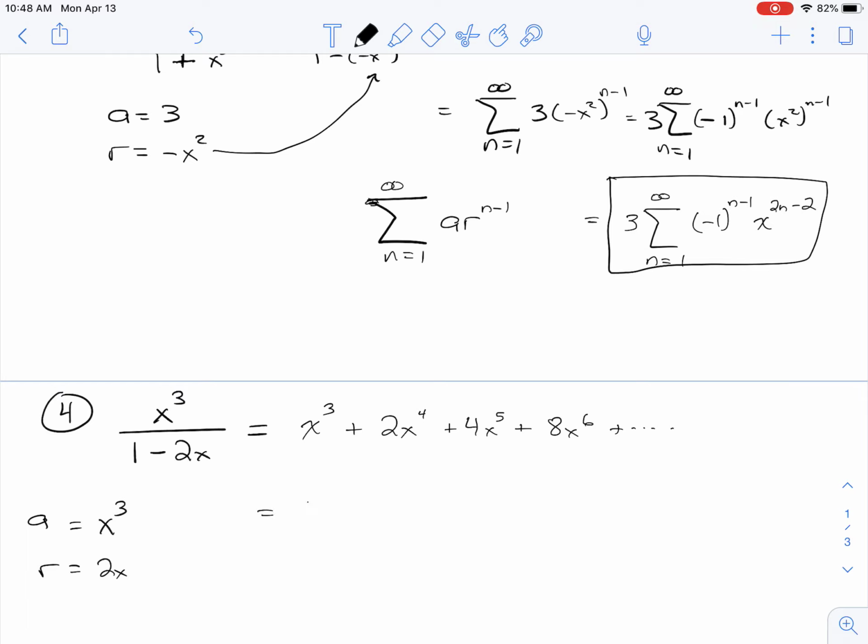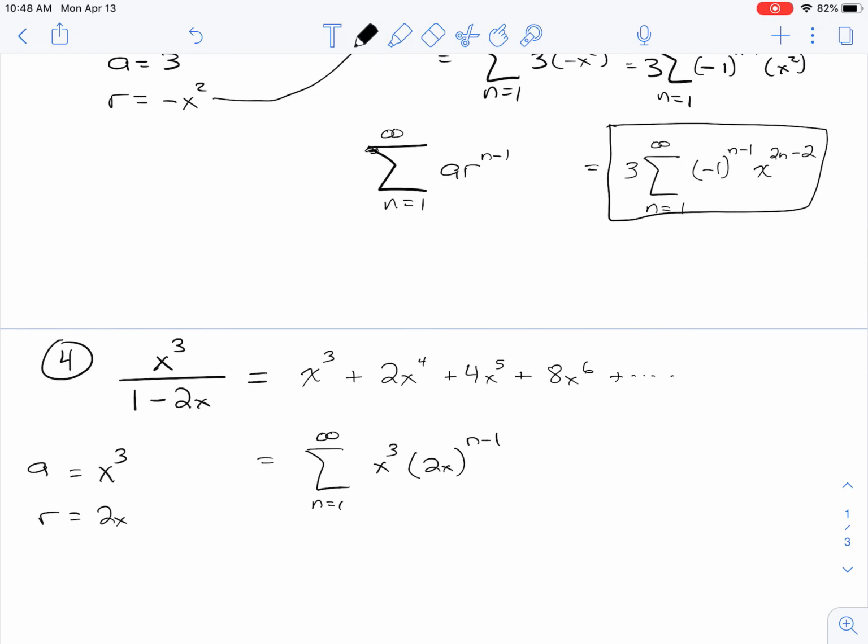Or I could jump straight to the sigma notation, where n goes from 1 to infinity of a times r to the n minus 1. Now it's kind of ugly having two x's in there, so let's expand this out.